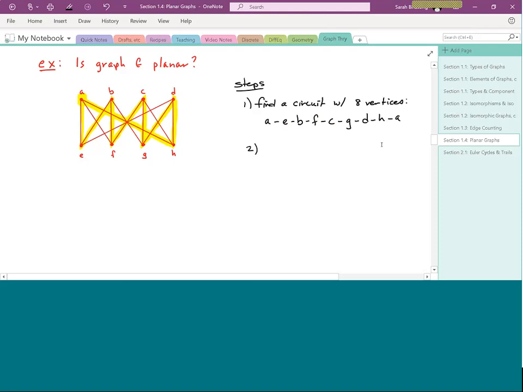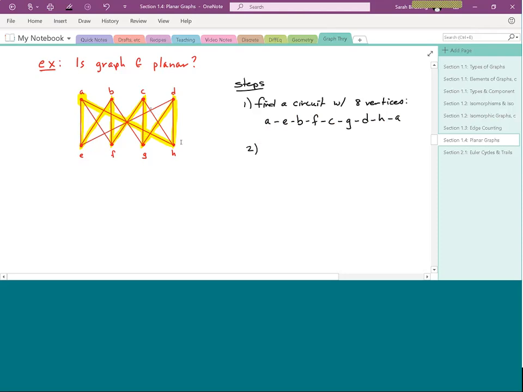Honestly, I still do it just because it's so easy in step 2, when we start drawing the new picture, to accidentally scramble the order of your circuit. Now, you didn't have to pull the same circuit that I did. You could have gone around that circuit in a different order.